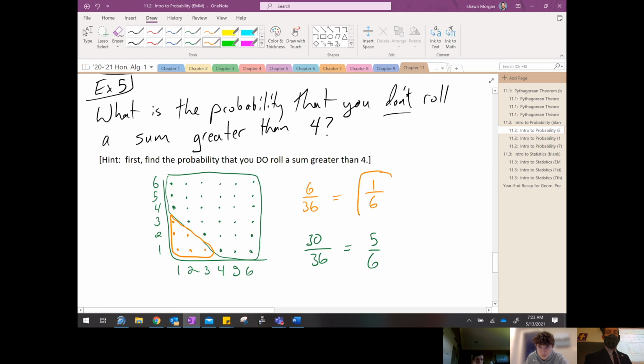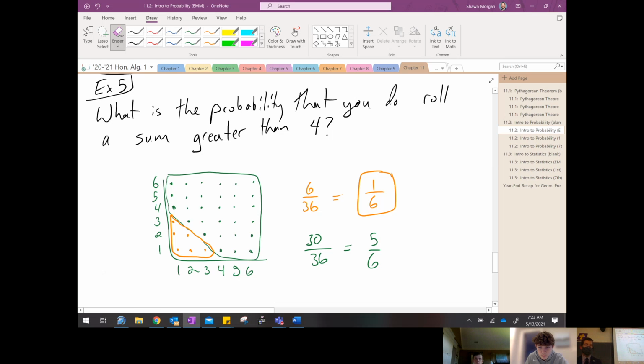What if the probability question said, what's the probability that you do roll a sum greater than 4? Instead of counting all 30 of these green dots, I could simply count the 6 orange dots, figure out that probability, and then say 1 minus that. And 1 minus 1/6 would obviously give me 5/6. So that's that principle in action.